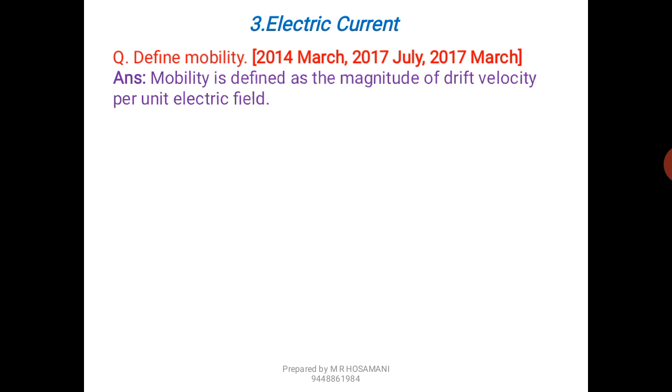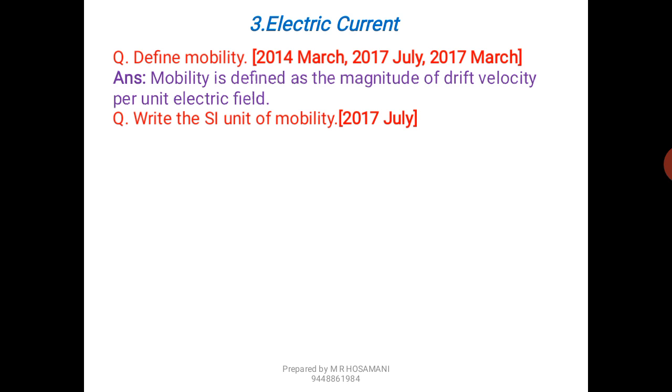So mobility is defined as the magnitude of drift velocity per unit electric field. If the applied field is 1, then the magnitude of the drift velocity itself is the mobility.